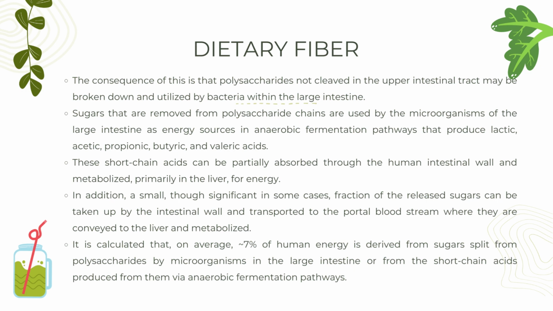In addition, a small, though significant in some cases, fraction of the released sugars can be taken up by the intestinal wall and transported to the portal bloodstream where they are conveyed to the liver and metabolized. It is calculated that, on average, about 7% of human energy is derived from sugars split from polysaccharides by microorganisms in the large intestine or from the short-chain acids produced from them via anaerobic fermentation pathways.